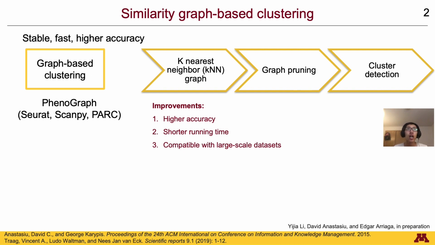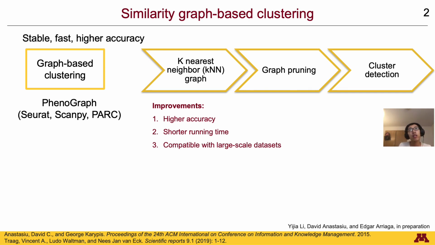And additionally, in some cases, the running time is very long, especially for large-scale datasets, which means that if there are higher dimensions and more cells inside, it gets more challenging for all these algorithms to be well compatible with those datasets.